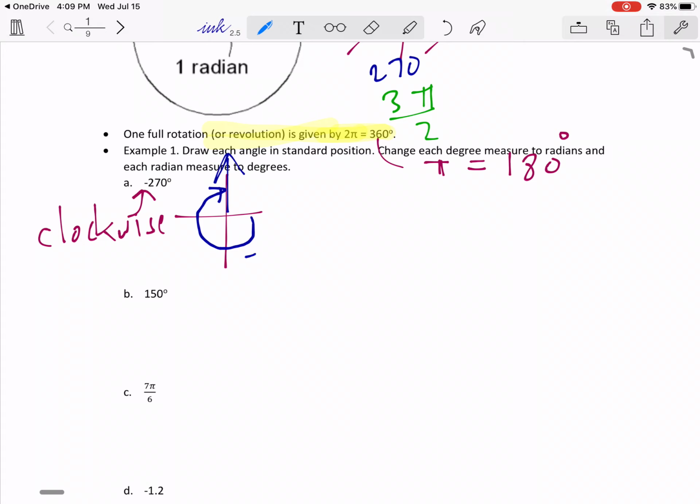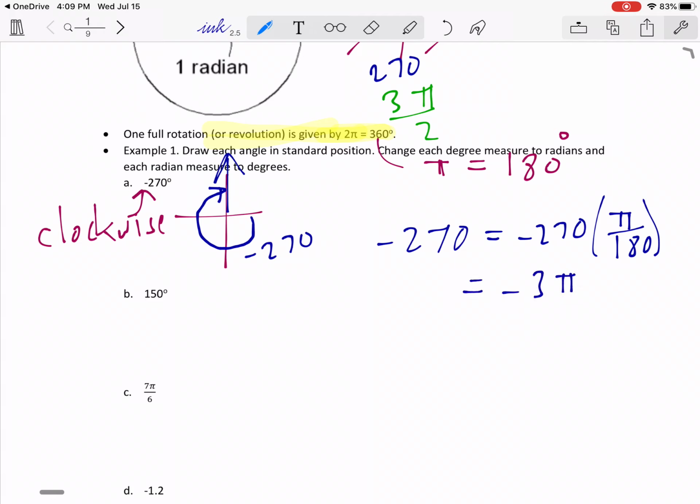This will be negative 270. Now let's figure out what that is in radians. Negative 270 is going to equal negative 270 times pi over 180. That's basically saying 180 degrees is equivalent to pi, and so this is going to equal negative 3 pi over 2, because it's negative 270 over 180, which you can reduce to negative 3 over 2.